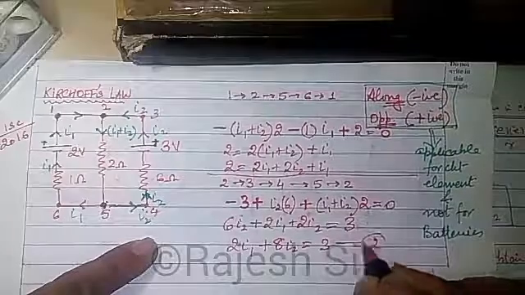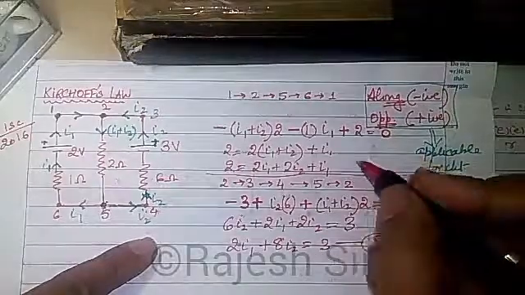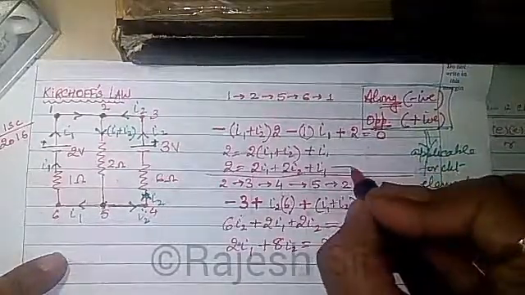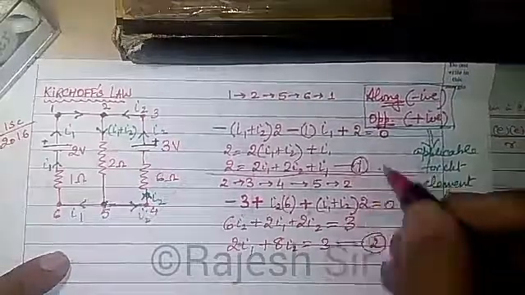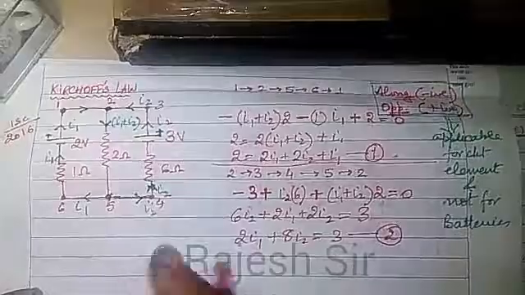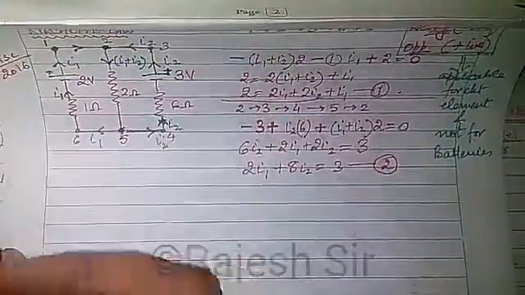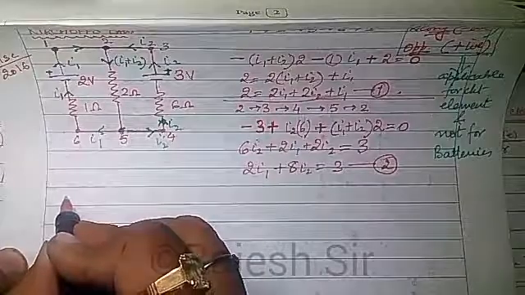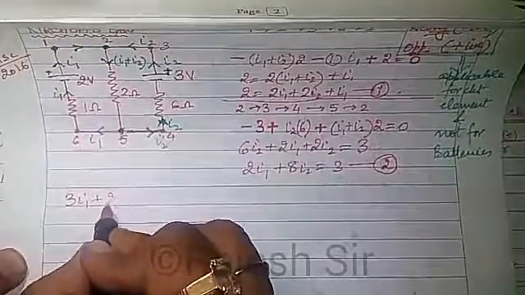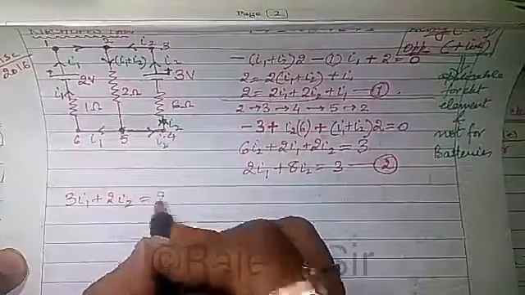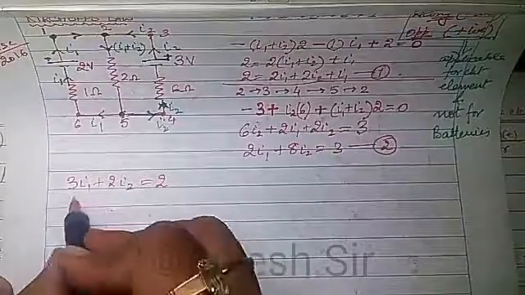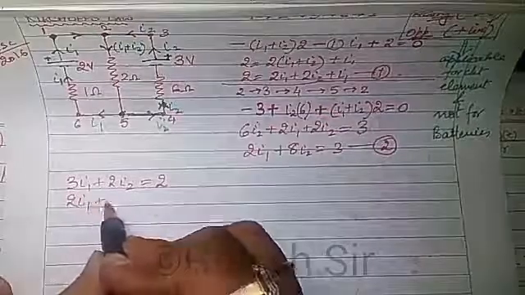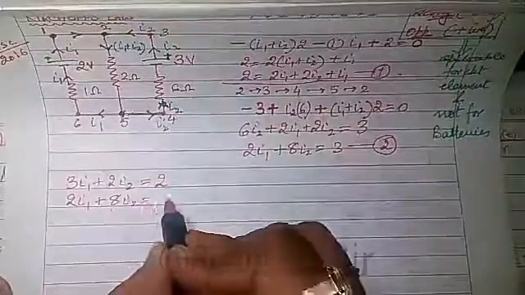Now this is my second equation, and this will be my first equation. So solving them separately, the first equation is 3i1 plus 2i2 is equals to 2, and the second equation is 2i1 plus 8i2 is equals to 3.